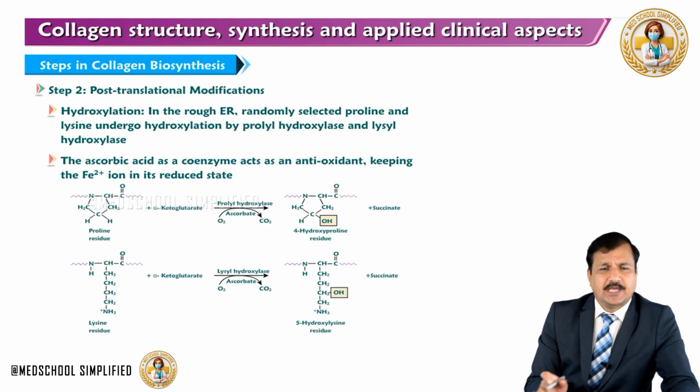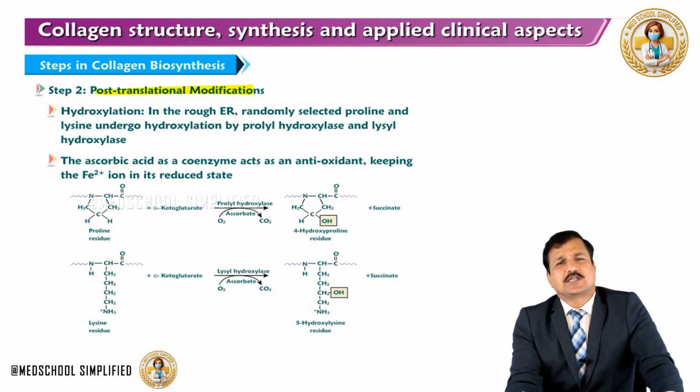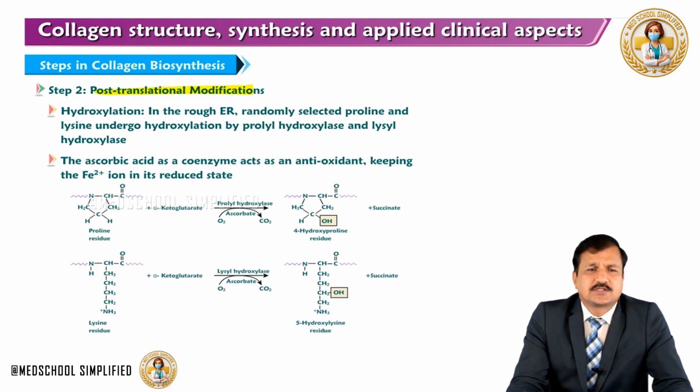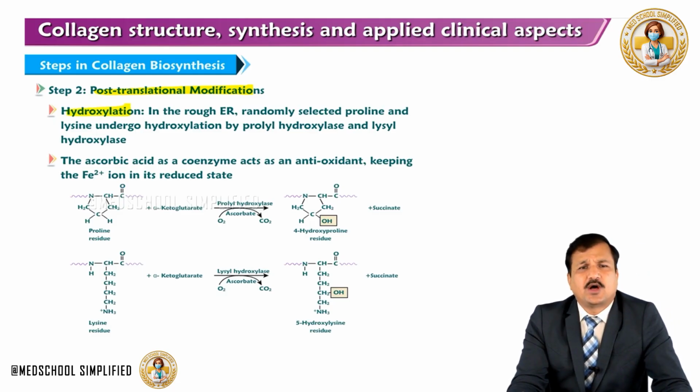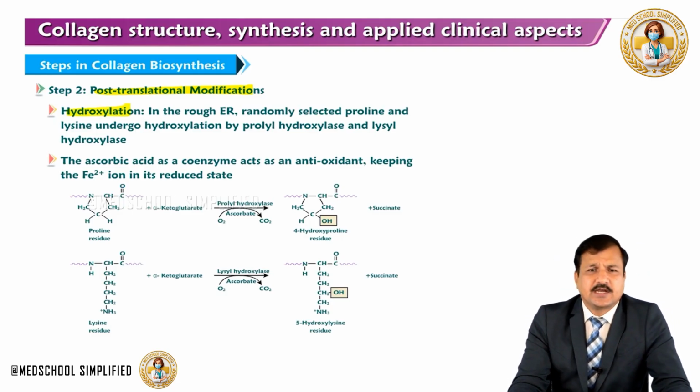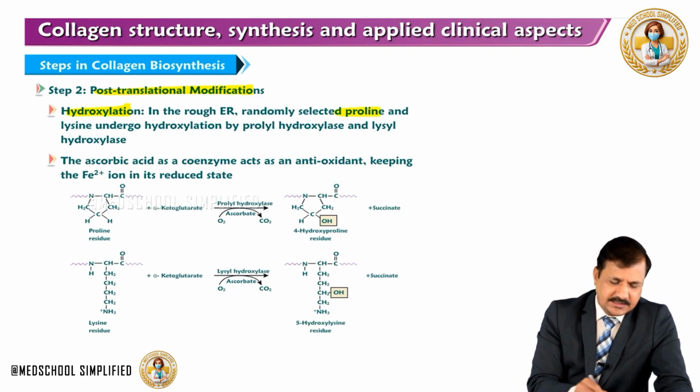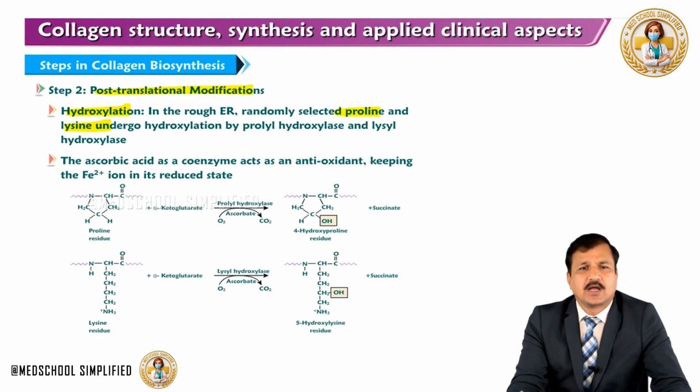Now, step 2 is post-translational modification. The first post-translational modification is hydroxylation, where the pre-pro-alpha chain is hydroxylated at randomly selected proline and lysine residues in the endoplasmic reticulum.